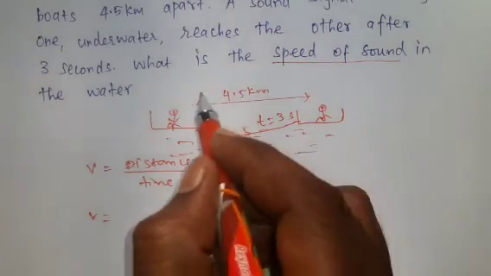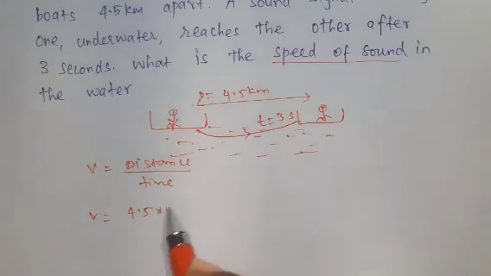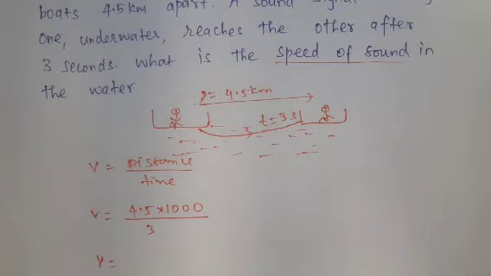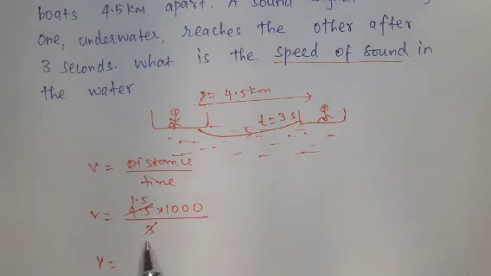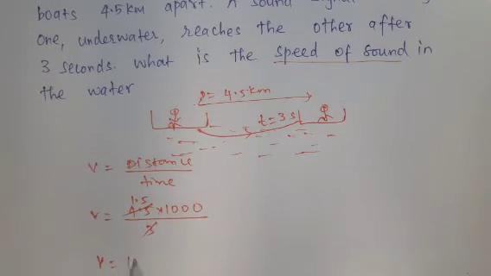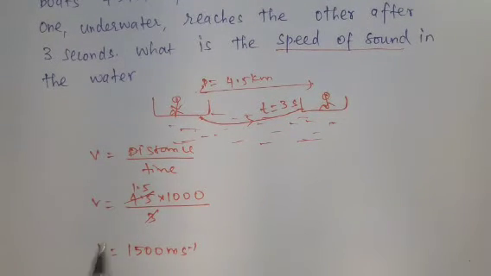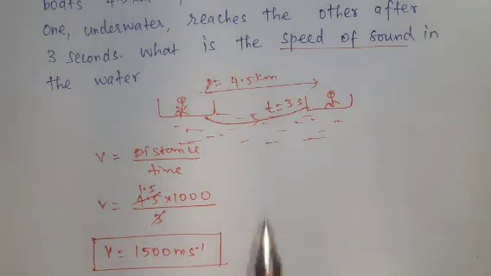So distance d is 4.5 kilo, so kilo means 1000, divided by time. Time is 3 seconds. Now v is equal to, if we cancel this, 3s are 4.5, so 1.5 into 1000 is 1500 meter second power minus 1. This is the velocity or speed of sound in water.